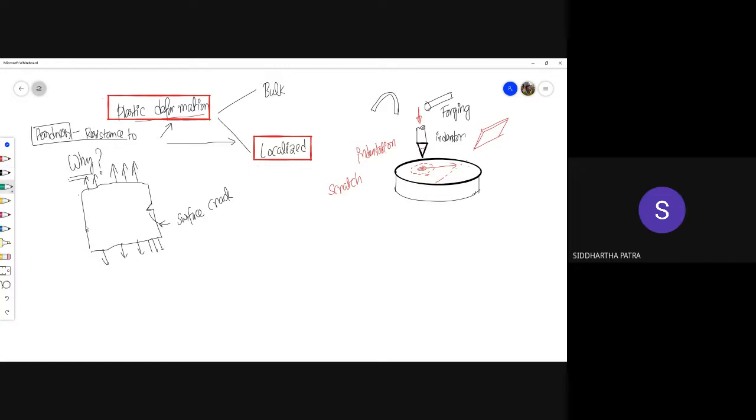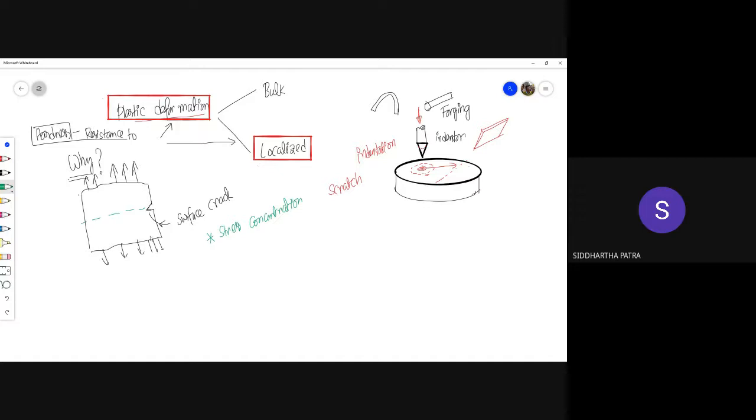I hope by now you know something called stress concentration. This happens, be it a ductile material or a brittle material.